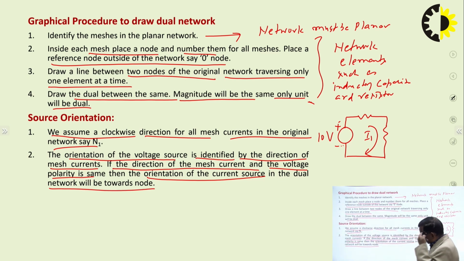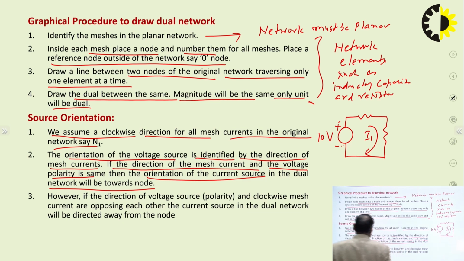So, if the network is containing a voltage source, and if the direction of the mesh current and polarity of the voltage source are the same, meaning the current is entering at the negative terminal and leaving the positive terminal, then the direction of the current of this dual voltage will be towards the node.